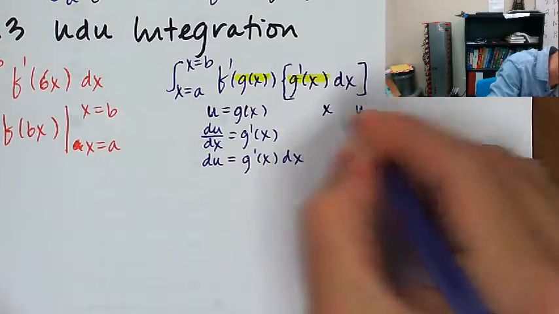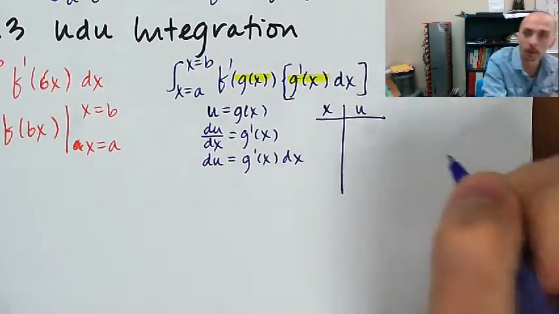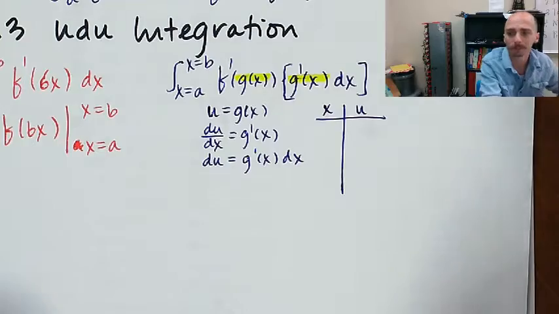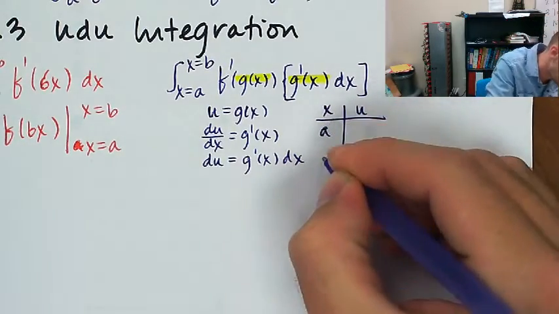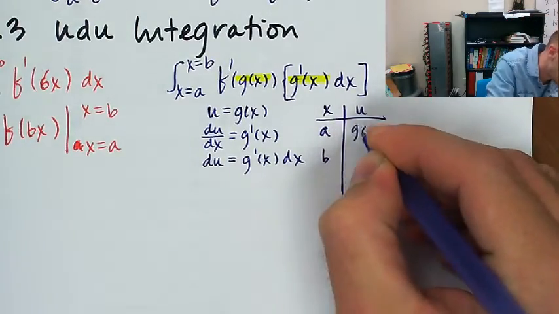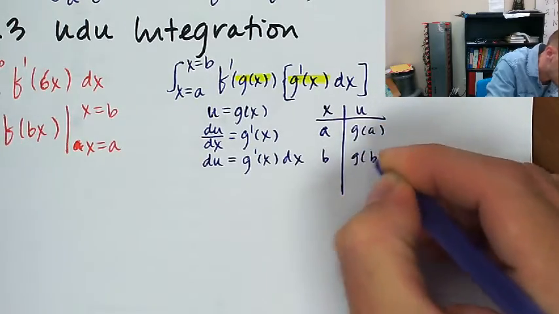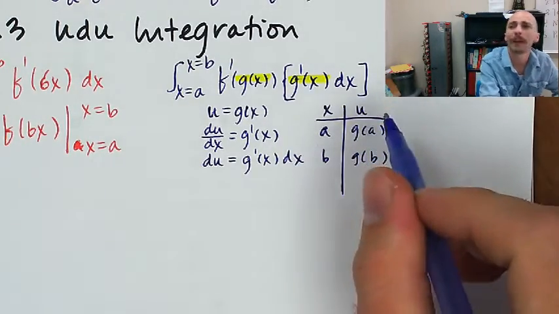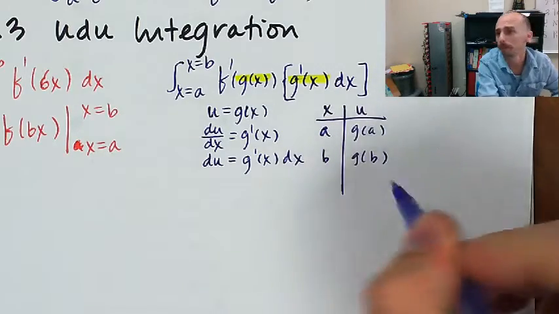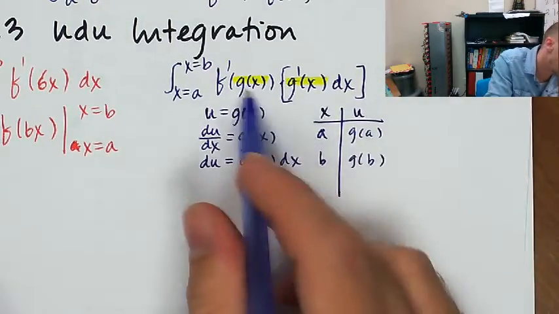In this, I'm just working a very generalized example, so I won't be able to say anything besides a and b go to g of a and g of b. But usually you can. If it's u equals x squared, then u would be a squared, b squared. But in this case, we don't know what g of x is.